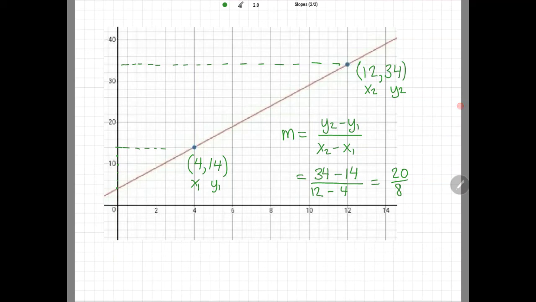So then you can grab your calculator and you can take 20 divided by 8, and that should be 2.5. So our slope is 2.5, and we will enter that in the computer. 2.5 is our slope.